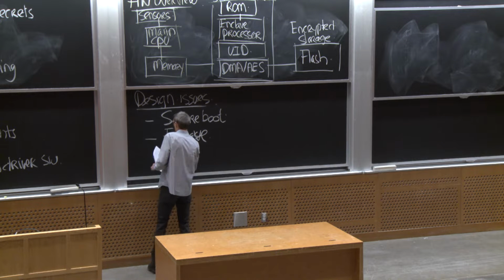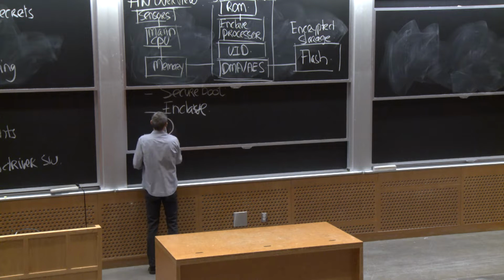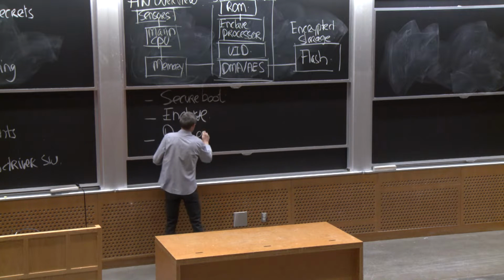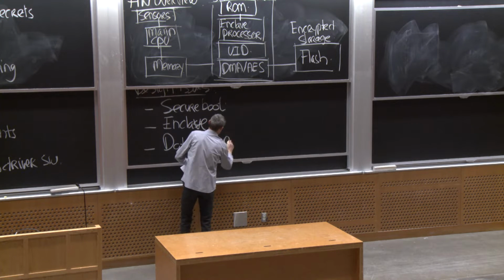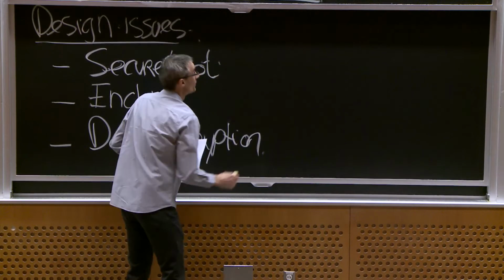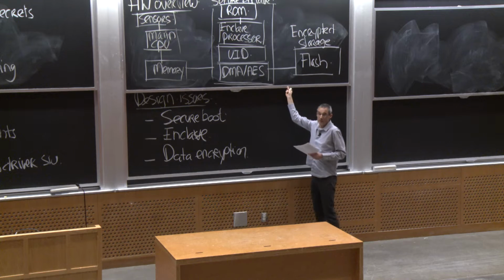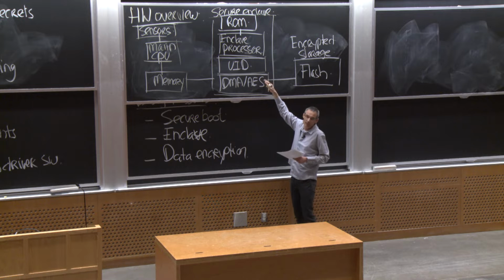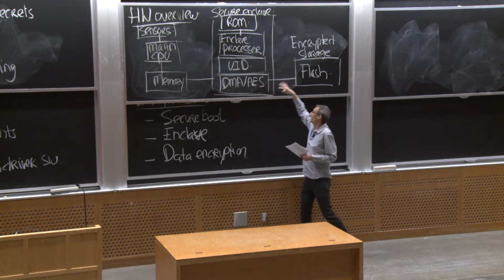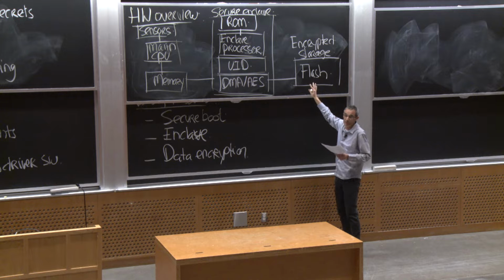And then finally, it turns out that the data encryption part is also quite interesting. I made it out to be reasonably simple. There's a key that's set up by the enclave processor, stuck into the AES engine, and then data is encrypted on the file system. We're done.